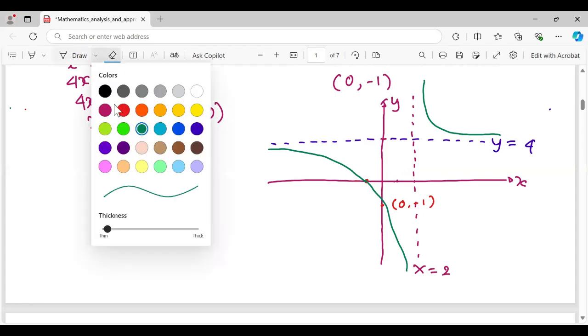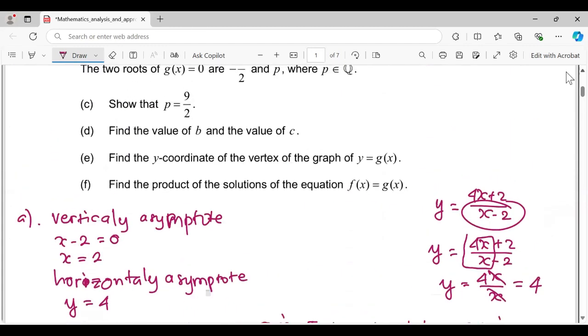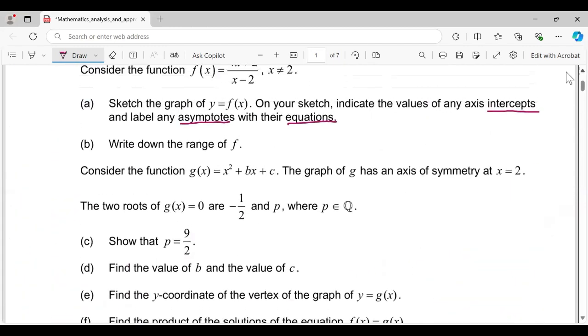So this is the graph of y equals (4x plus 2) over (x minus 2). That is A. Now write down the range of function f.